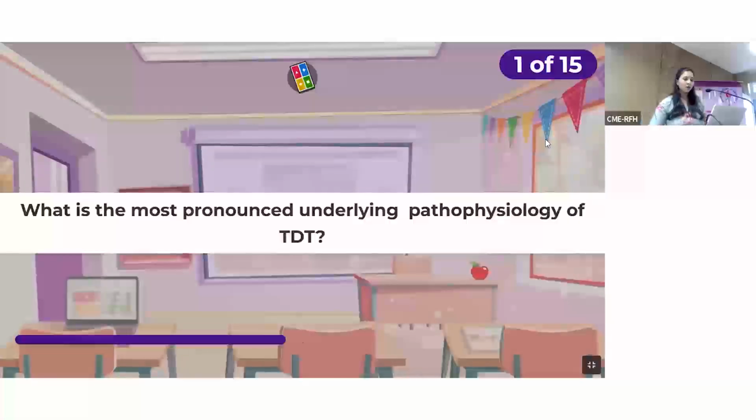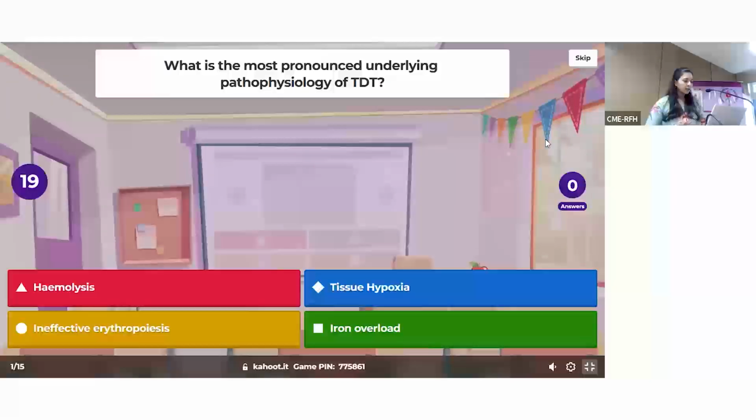So what is the most pronounced underlying pathophysiology of transfusion-dependent thalassemia? Is it hemolysis, tissue hypoxia, ineffective erythropoiesis, or iron overload? You can tap on the color on your screen and the time limit is visible on the screen.